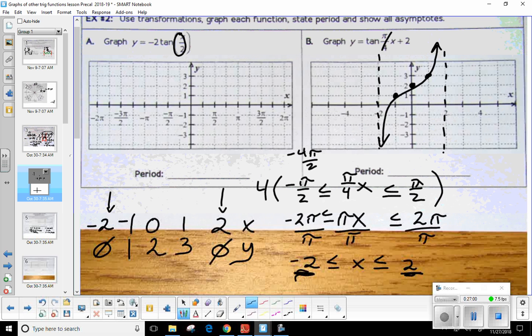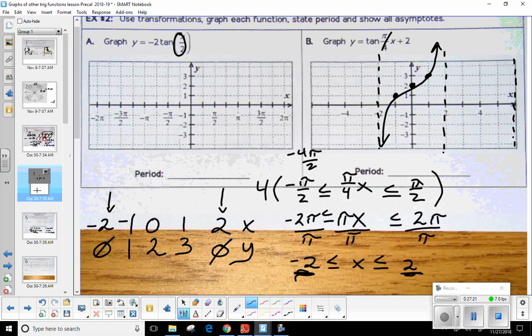Now, just like with sine or cosine, if I wanted another period, I just repeat what I see. How far apart are the asymptotes from each other? So 1, 2, 3, 4, right? So where would the next one be? The next one would be at 6. So I know there'd be an asymptote right there.